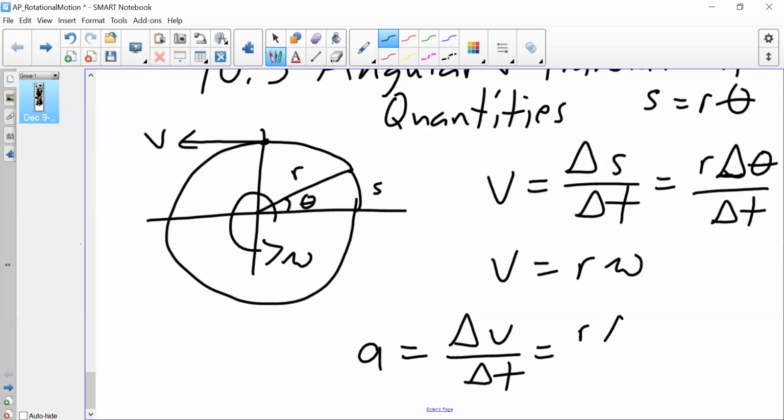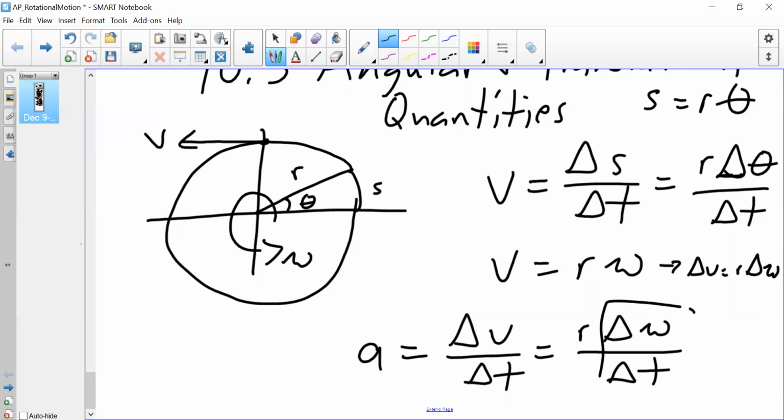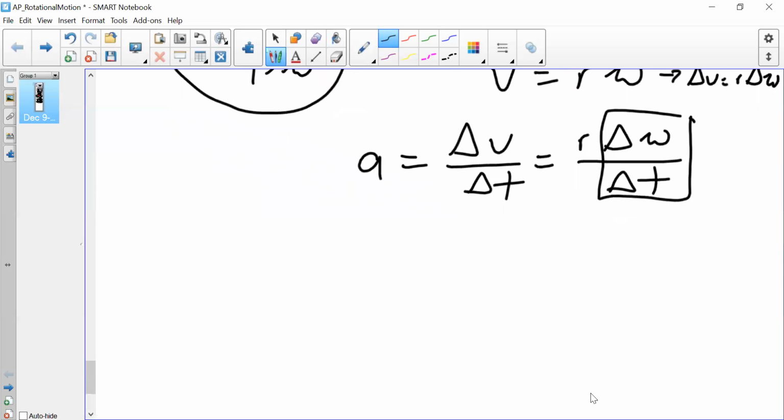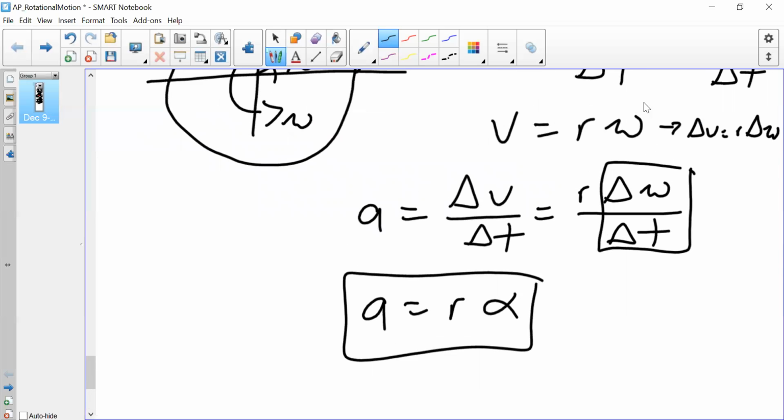This is going to be r delta omega over delta t, because r is constant. And this we've already established up top to be the angular acceleration. So the marriage between linear acceleration and angular acceleration is that equation. Questions on that?